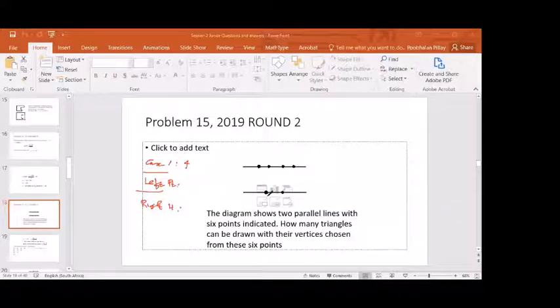Right, now I choose only this point, the left point. Now I've got only 1 vertex. So to complete the triangle, I need to choose 2 vertices. And those 2 will have to be chosen from these 4.